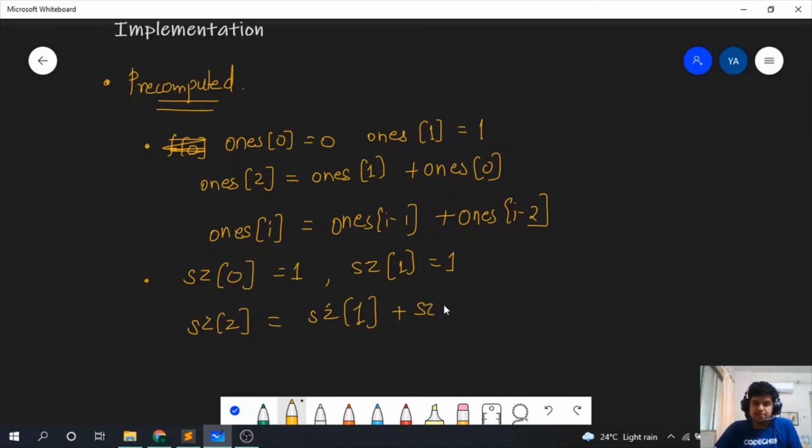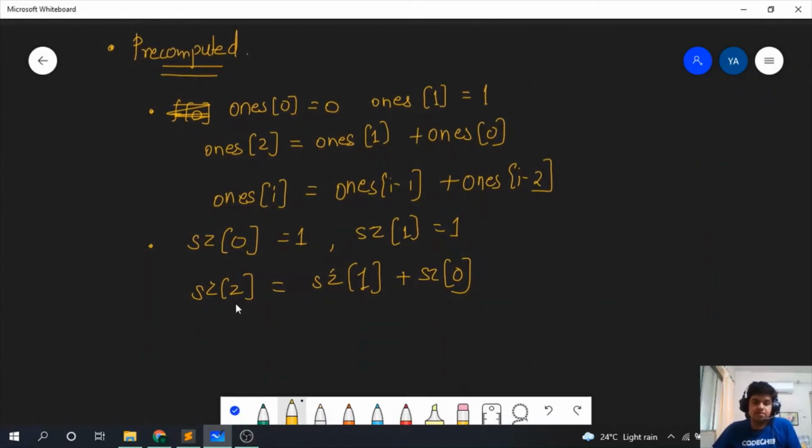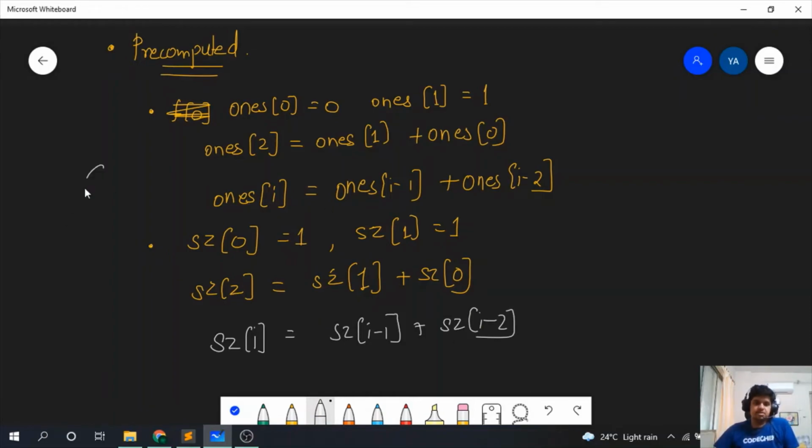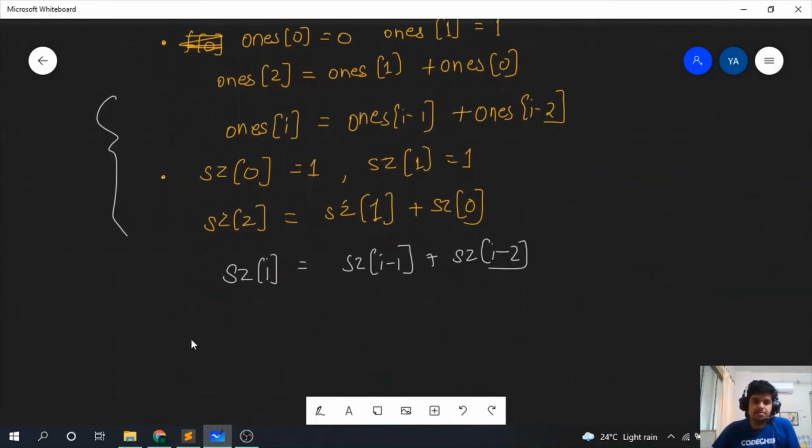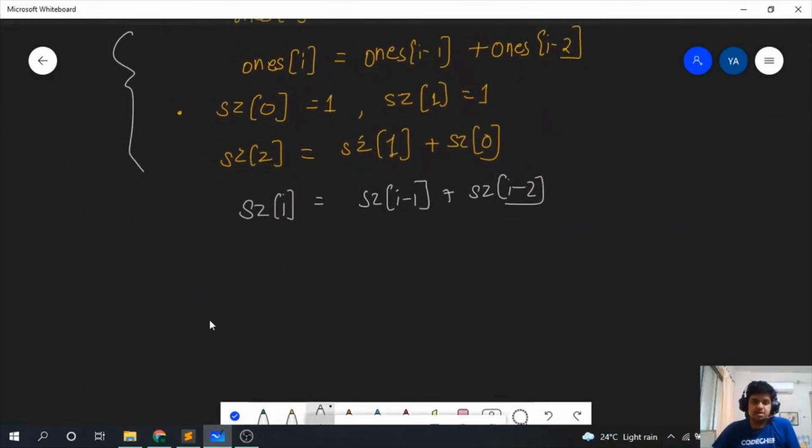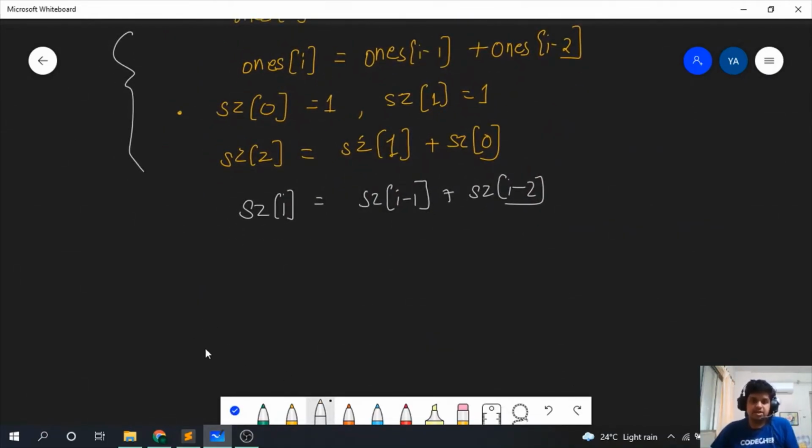We can write the same recurrence relation for size as well, that size of I is equal to size of I minus 1 plus size of I minus 2. And with this we will have pre-computed the number of ones in each number and the sizes of those particular binary strings. Now the question remains how to calculate the answer.